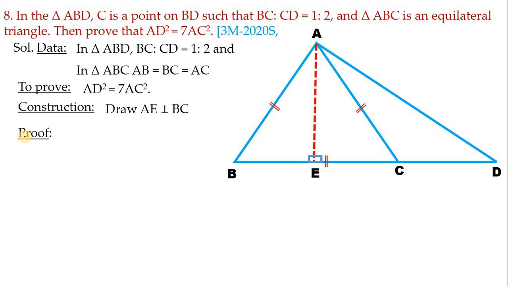For this you have to understand very clearly. Now this triangle you want to take, I mean triangle ABC, an equilateral triangle. So in triangle ABC, can we write EC as a by 2?